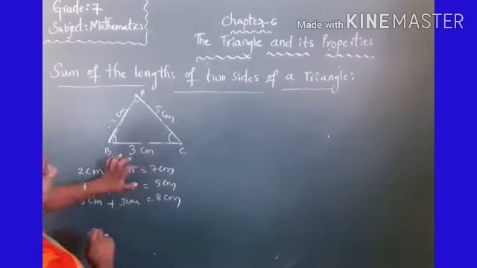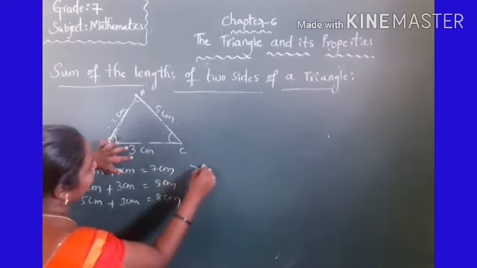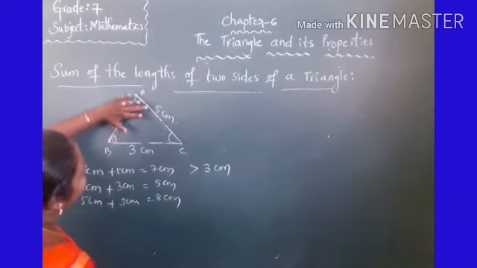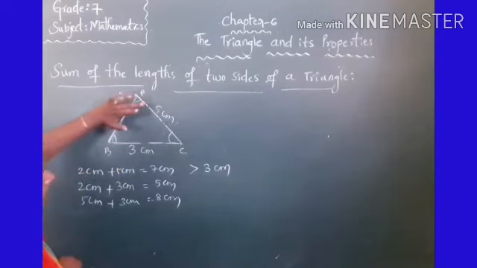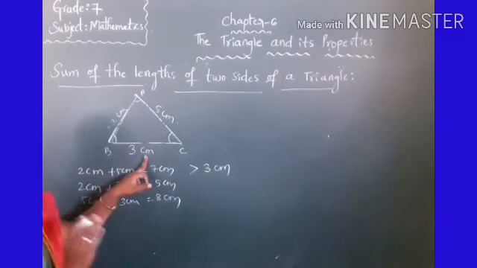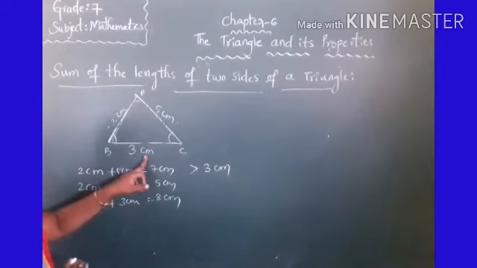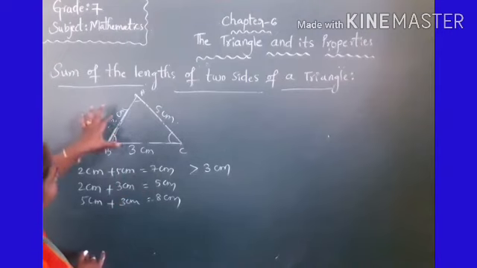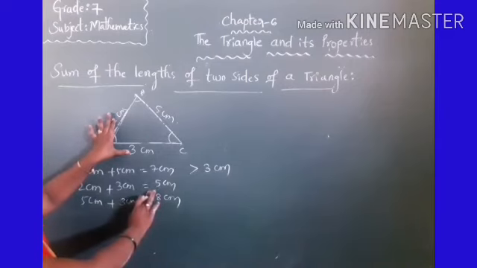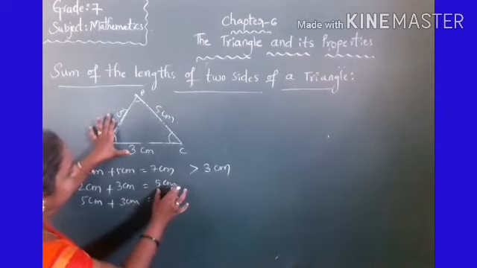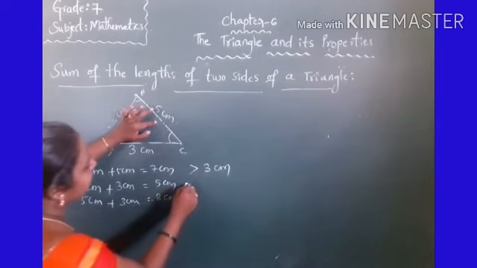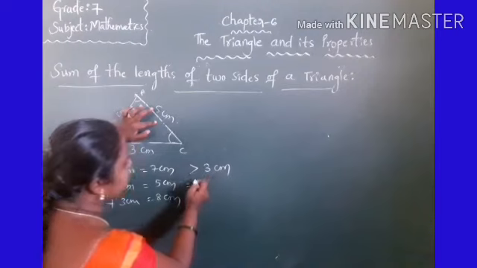This 7 centimeters is greater than 3 centimeters. Like that, take 2 centimeters and 3 centimeters, it gives 5 centimeters. This 5 centimeters is equal to the third side.